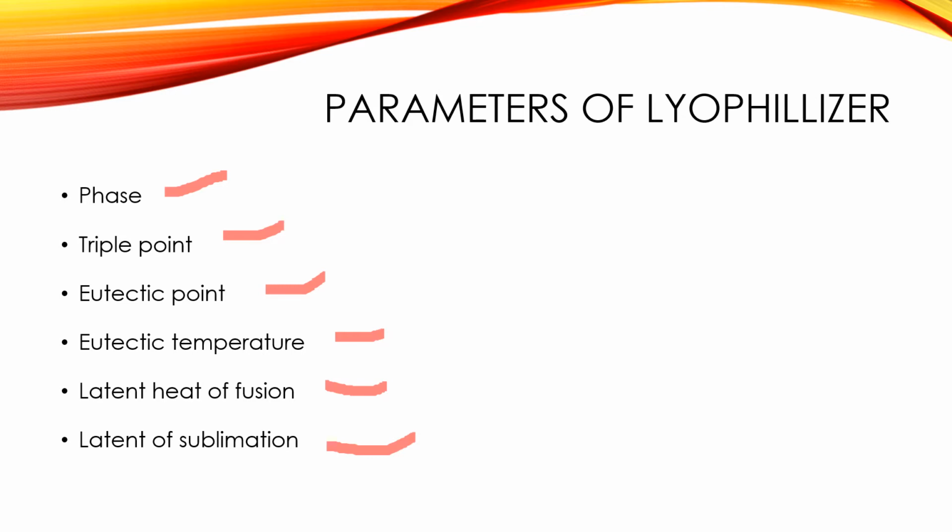And the last one, the latent heat of sublimation. It is the amount of heat necessary to convert a substance from solid state to gaseous state at the same temperature, known as the latent heat of sublimation. So these are the very important terminologies or parameters used in lyophilization or the process of freeze drying.